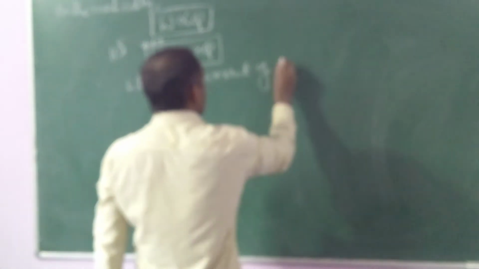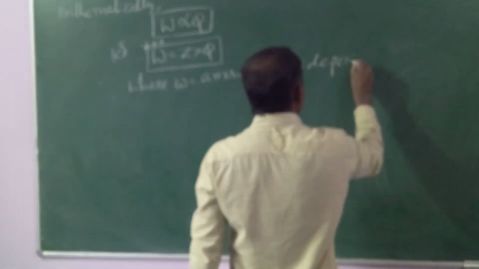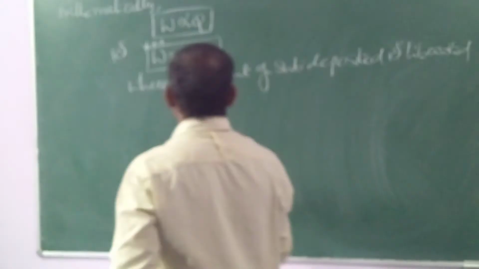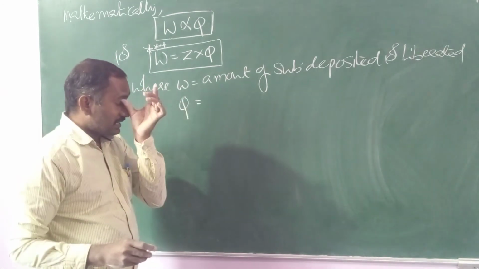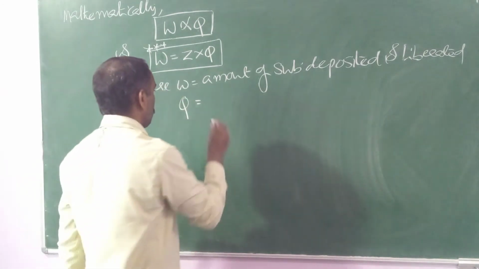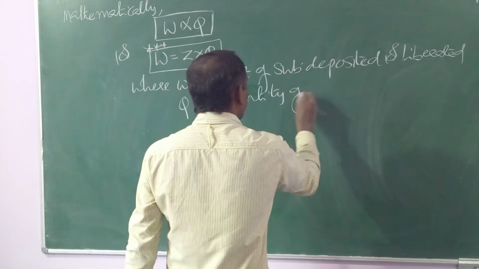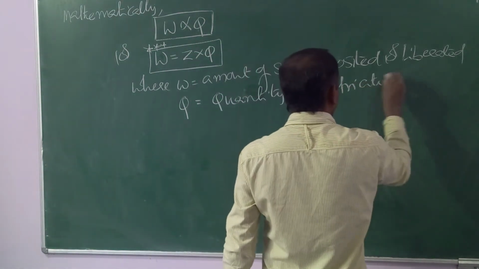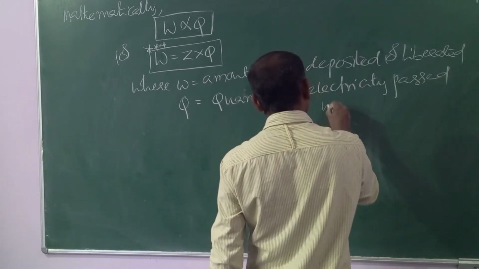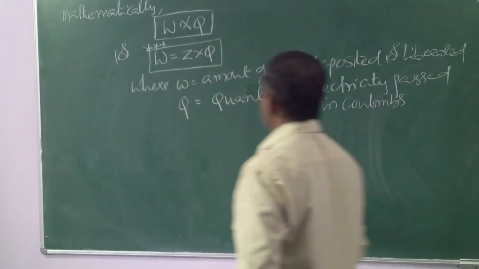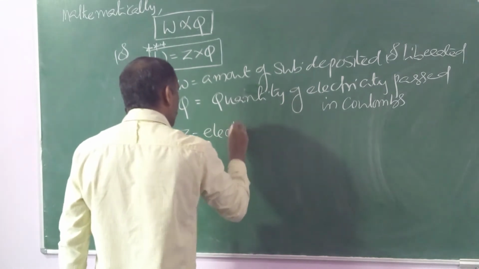Here W stands for the amount of substance deposited or liberated, Q stands for the quantity of electricity passed in coulombs, and Z is the proportionality constant known as the electrochemical equivalent.